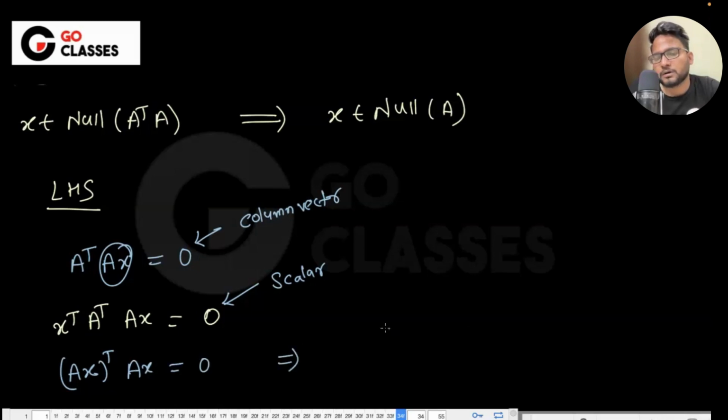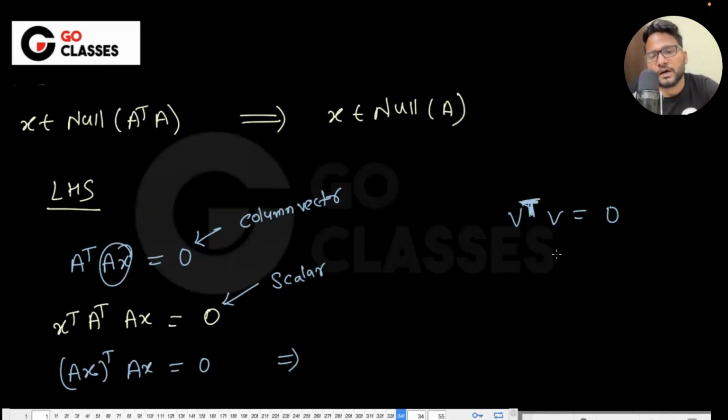It means what? It means it is basically V transpose V equal to 0, where V is Ax. It means a vector itself is orthogonal to itself. Is this even possible? No, right?